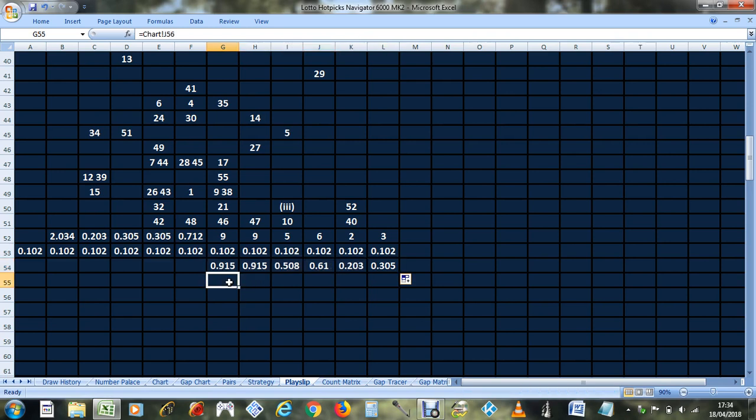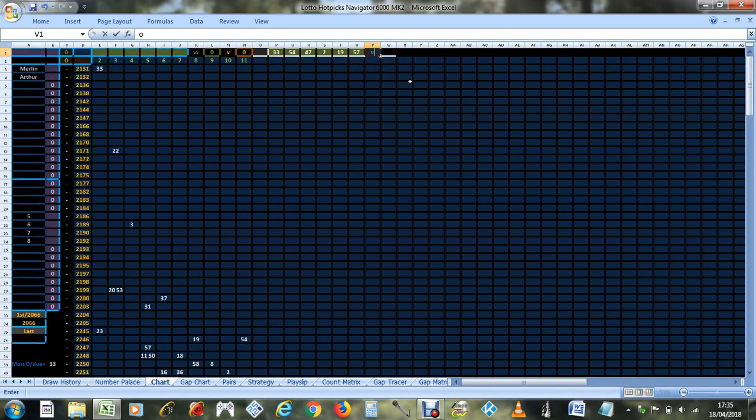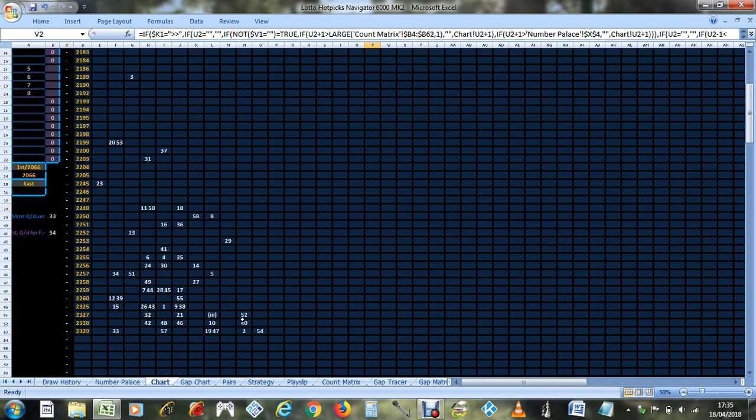So they're the probabilities, and obviously if we rounded them off to the nearest integer, we can predict roughly where the numbers are going to land. Now, going back to the chart, let's just see what it will look like if these numbers came out.